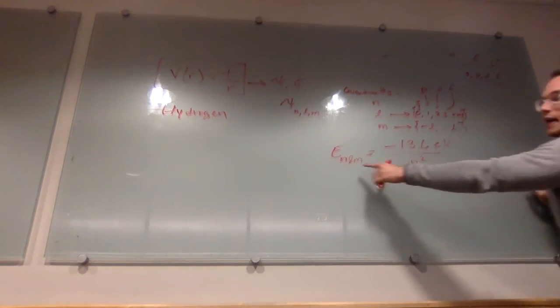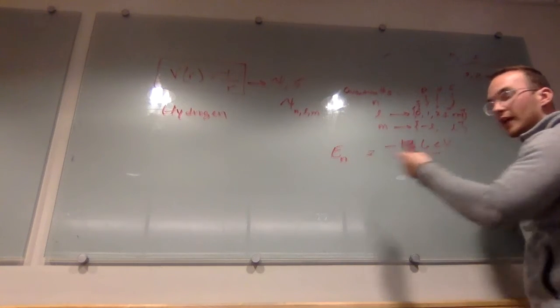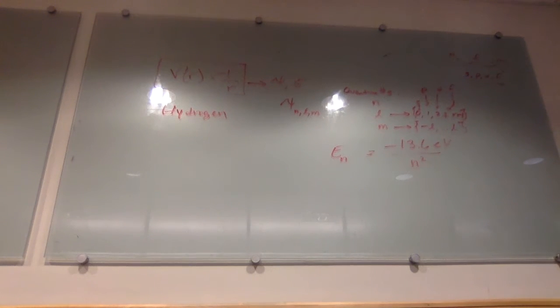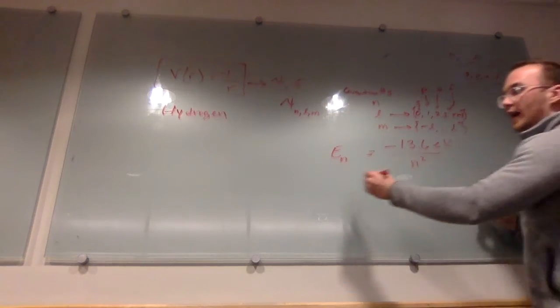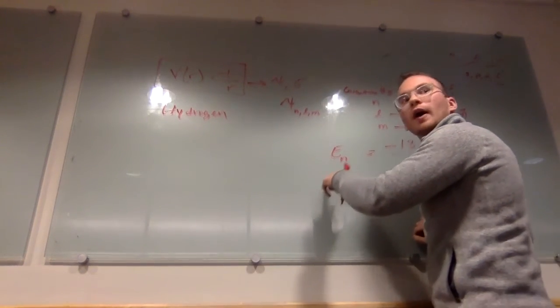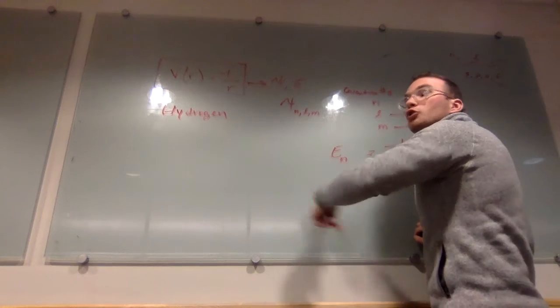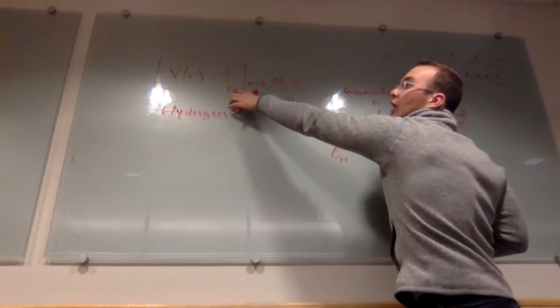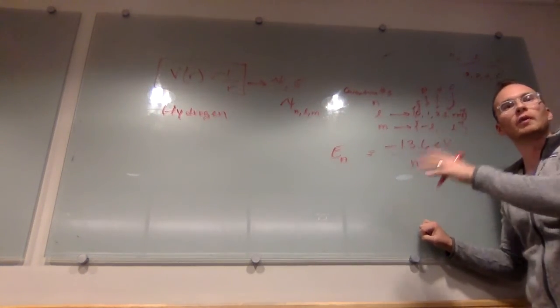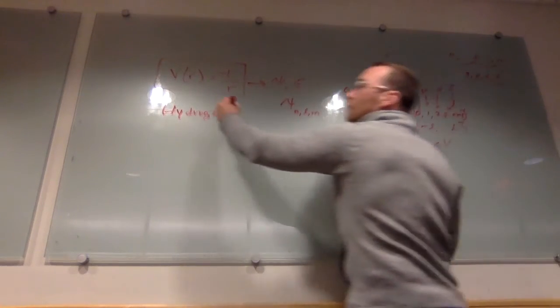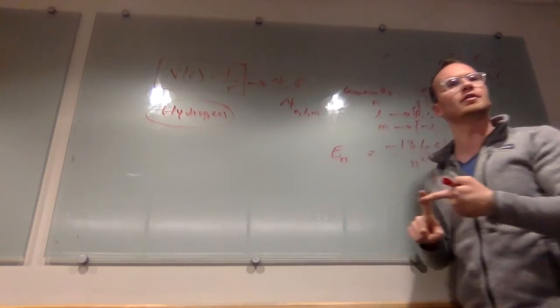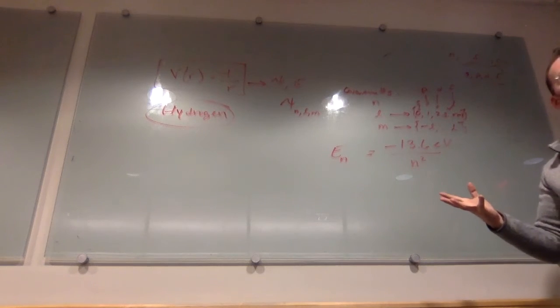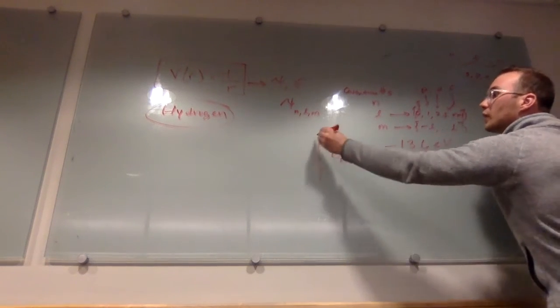So the N, the principal quantum number, the energy shell level, tells you about the energy. And remember, in the last one, we just had h bar squared pi squared over whatever. Now, for this system in general, you'd still have all those constants, and it would look really weird. But because we know that this is a hydrogen atom, we know what M is, and we can just plug in h bar. We can just plug in all those numbers, and if you just plug in all those numbers, you get this.